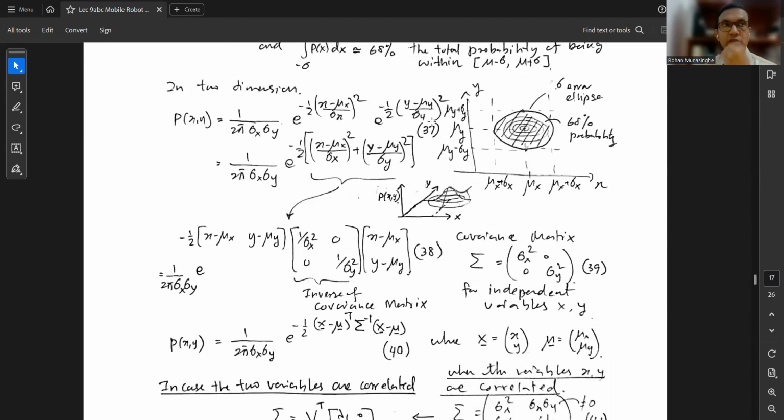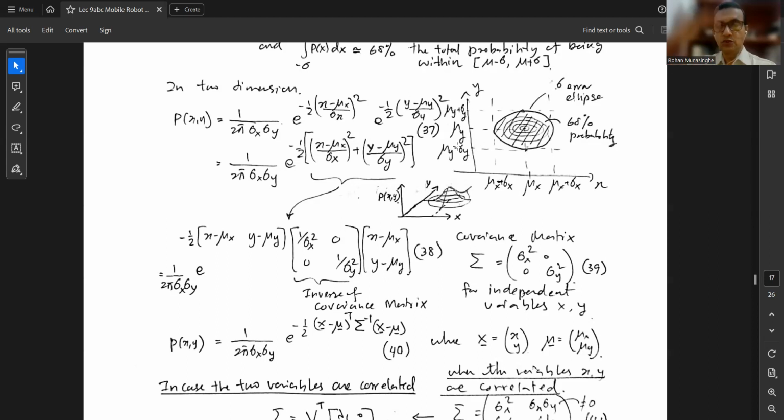Now, let's bring in 2 dimensions here. Now you can see the x-axis and y-axis, right? 2 axes. And you can mark the mean x, mean y, and standard deviation for x, standard deviation for y, right? Can you see it over here? So this is the 1 sigma point on the x-axis, the 2 points.